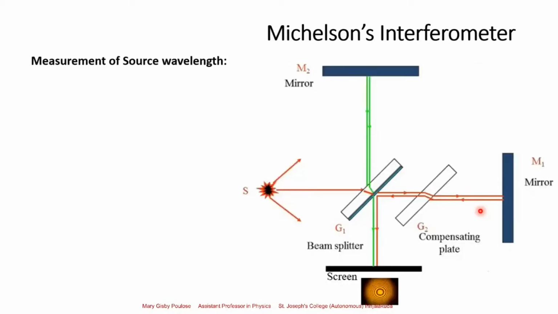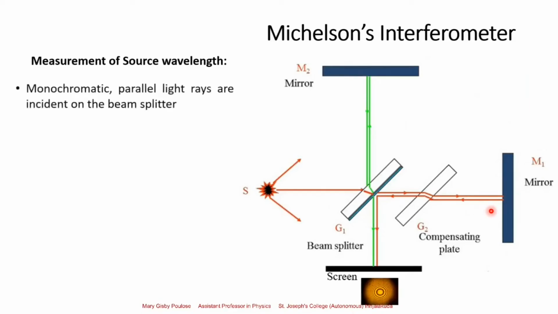Now let us use this Michelson's interferometer to measure the wavelength of the source light used. So we have this apparatus arranged in such a manner. The monochromatic parallel light rays are incident on the beam splitter.